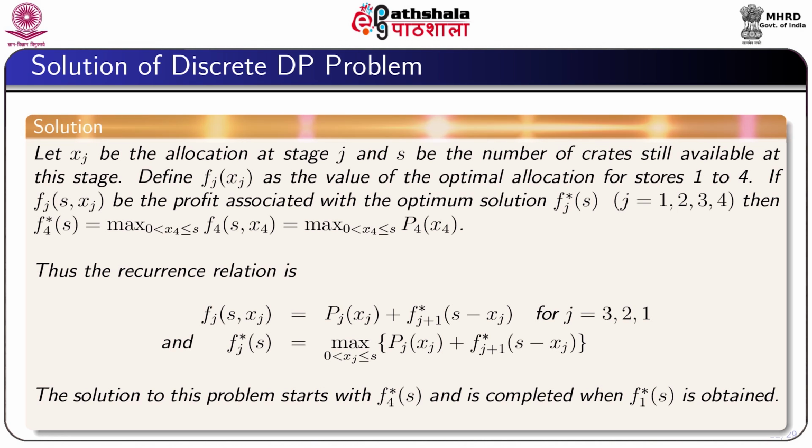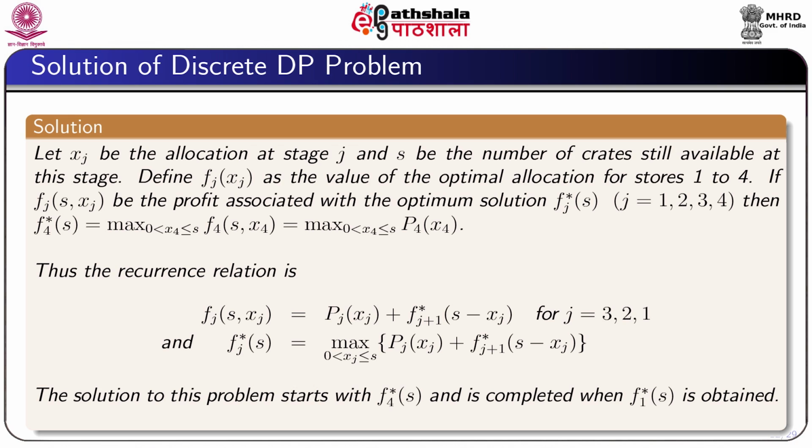Let x_j be the allocation at stage j and s be the number of crates still available at this stage. We define f_j(x_j) as the value of the optimal allocation for stores 1 to 4.